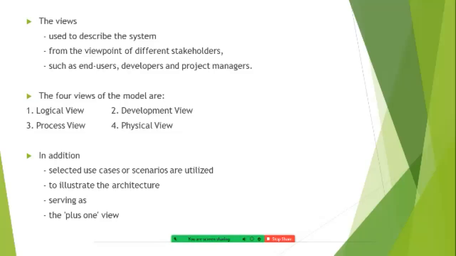Friends, the views are used to describe the system from the viewpoint of different stakeholders such as end users, developers and project managers. The 4 views of the model are logical view, development view, process view and physical view. In addition, selected use cases or scenarios are utilized to illustrate the architecture, serving as the +1 view.